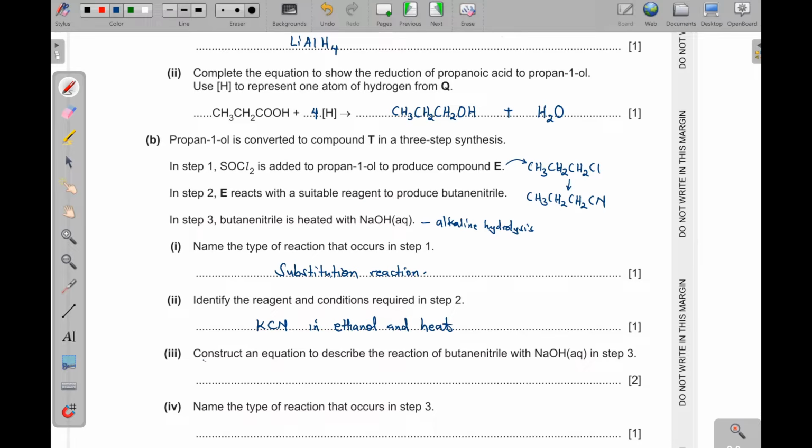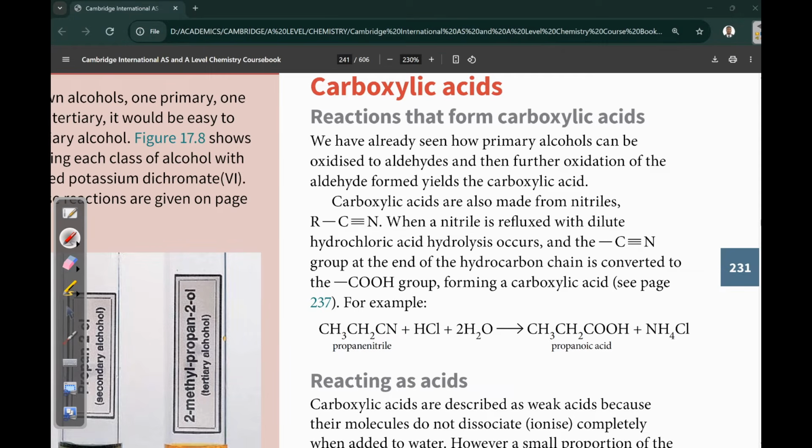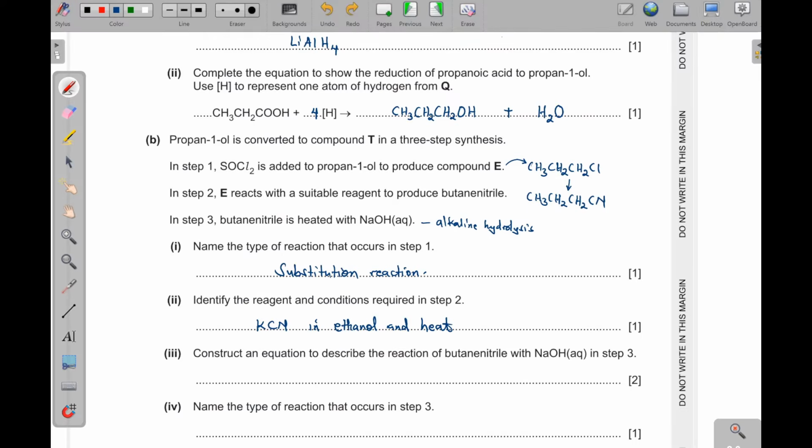Then Roman 3, construct an equation to describe the reaction of butane nitrile with sodium hydroxide. Now, when you check in this book here, we are having only HCl, but we are not seeing sodium hydroxide, right? So you see what is here. Now, I'm going to write my equation this way.